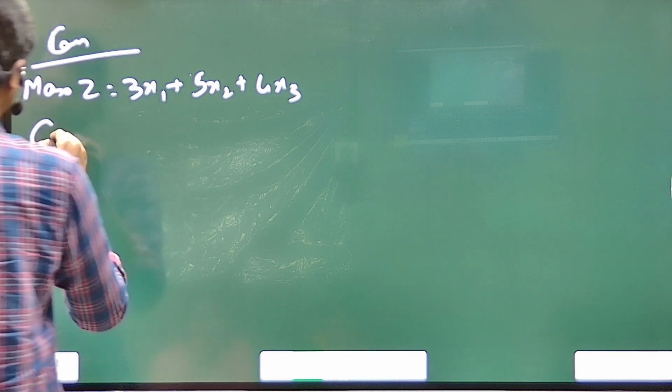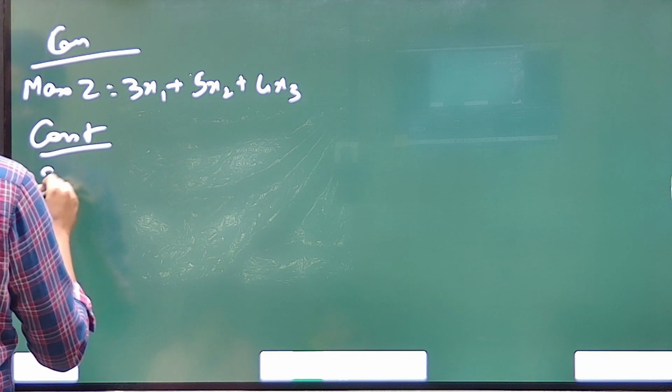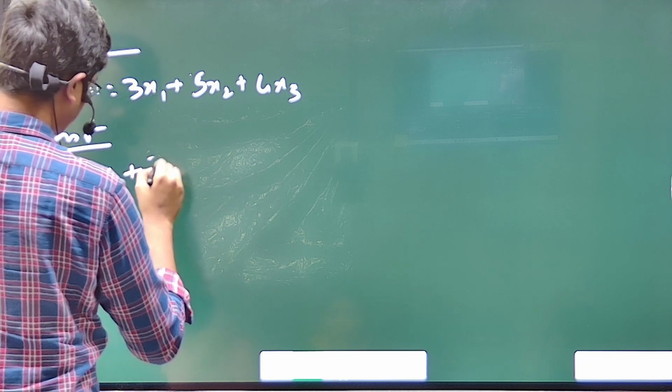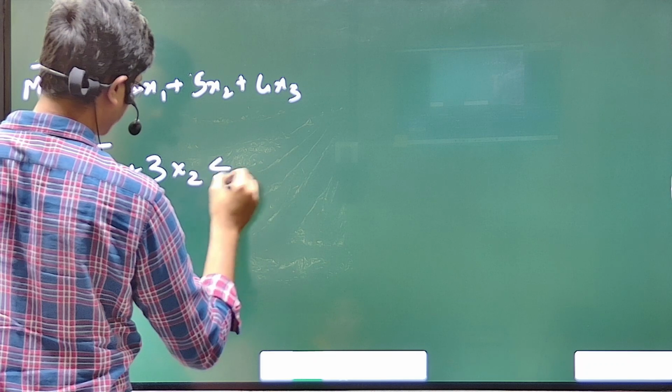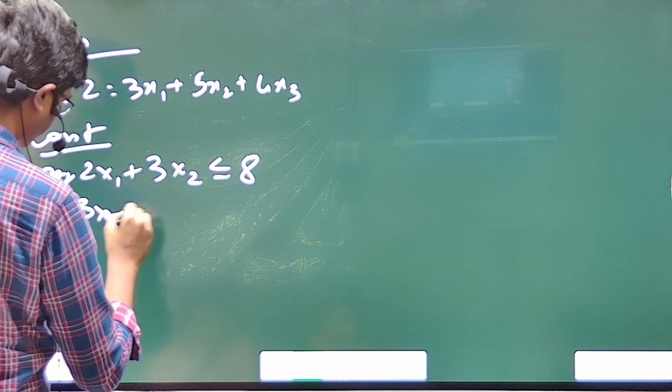And the constraints are 2x1 plus 3x2 less than or equal to 8.